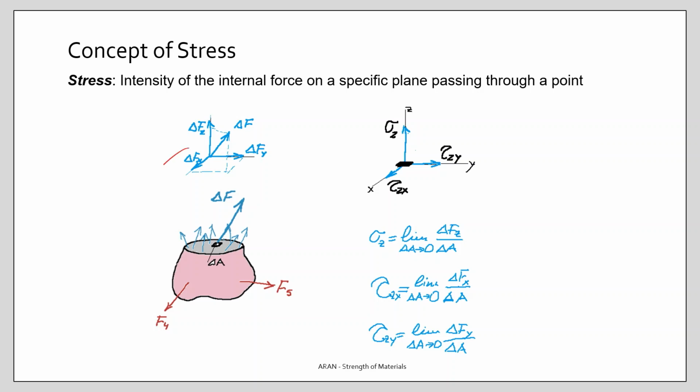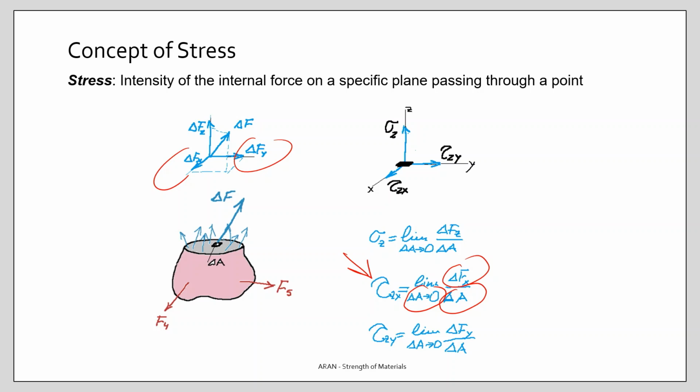Let's take the shear forces. The shear forces divided by the area when delta A approaches 0 gives you the shear stress in this point.